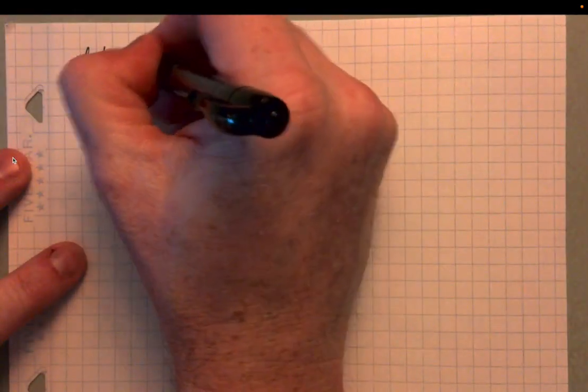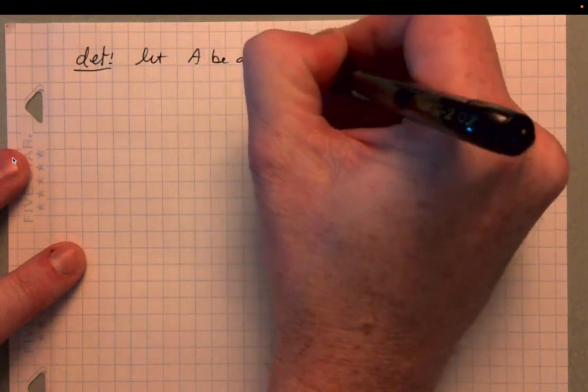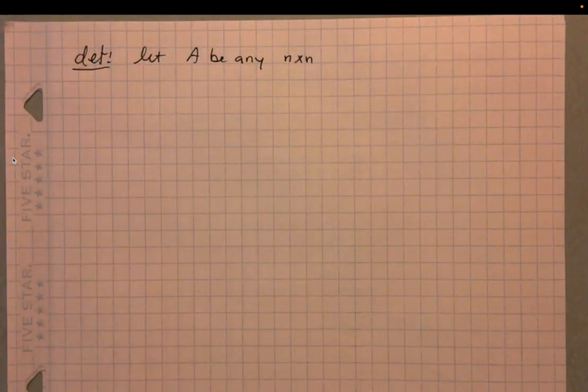Let's talk about exponents of matrices and matrix powers. Okay, so let's define this. Let A be any n by n matrix, so square matrices now.